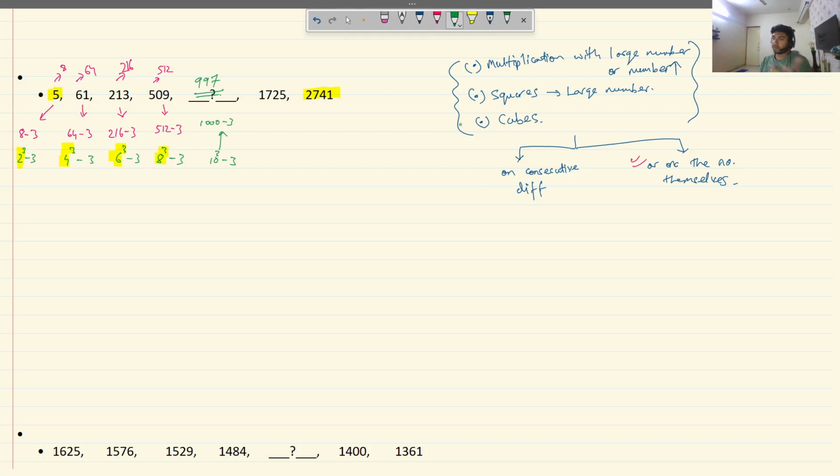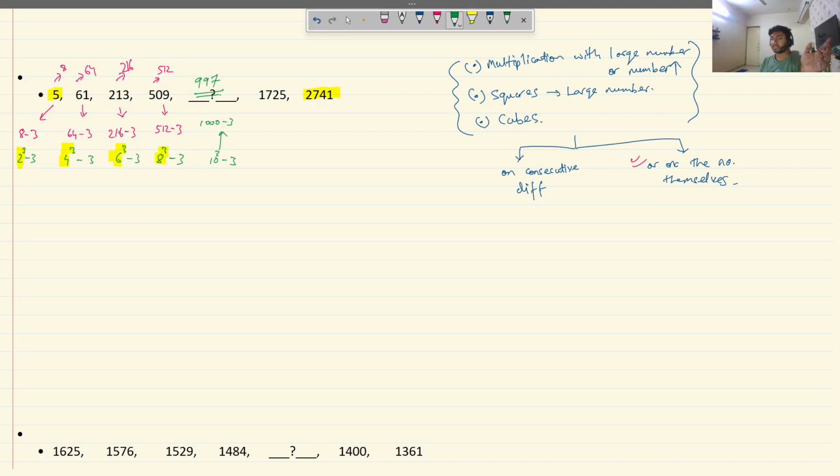So just by observation, because I have memorized the cubes of the first 10 numbers, I know that 8 cube is 512, 6 cube is 216, 4 cube is 64, and I can see the numbers given to us are close to the perfect cubes that I have memorized.